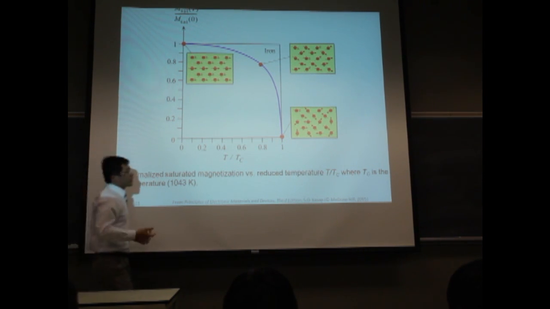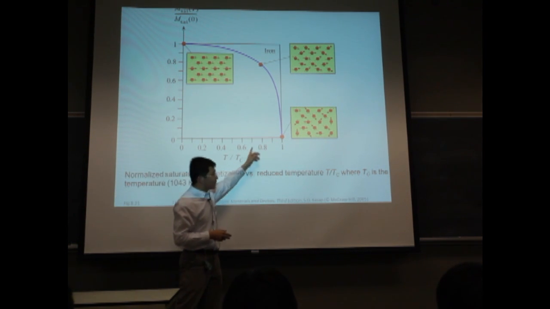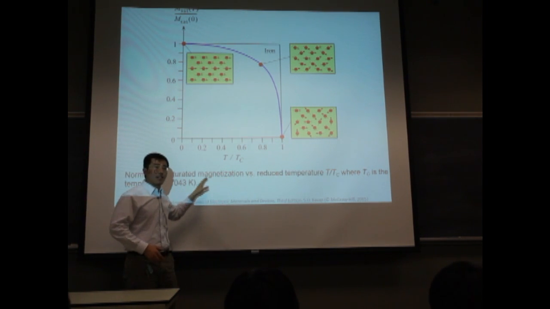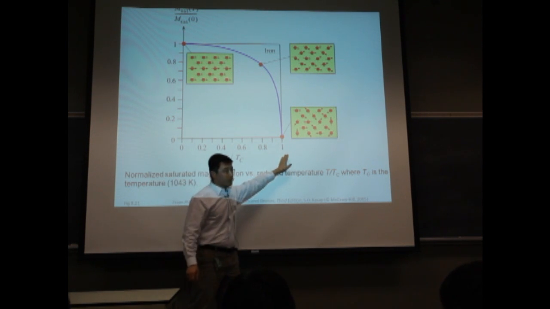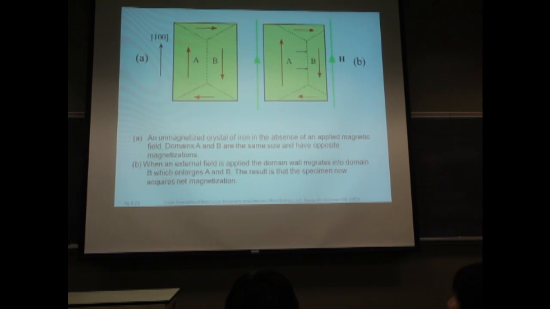When you increase the temperature, the temperature tries to randomize those alignments, so it decreases the magnetization. The Curie temperature is the maximum temperature at which the magnetization exists. Above the Curie temperature, there is no magnetization, even though you apply a high magnetic field, because the temperature affects the magnetic dipole moment alignment.